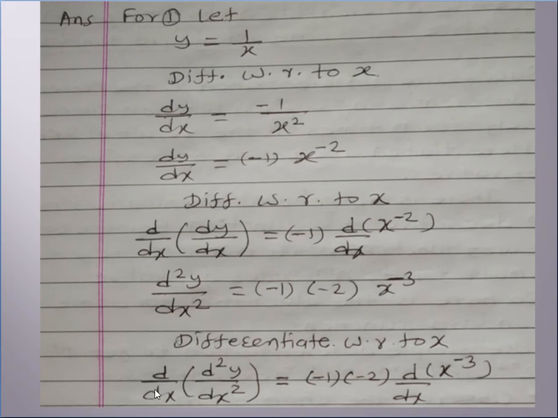Now again differentiate this equation with respect to x. Therefore, we get d by dx of d square y upon dx square equal to minus 1 into minus 2 into d by dx of x raised to minus 3.